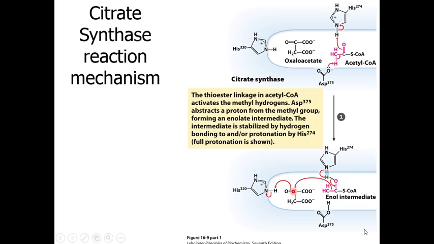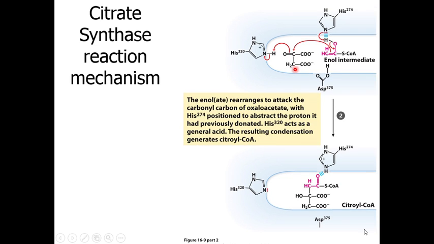Once this step happens, the oxaloacetate and the enol intermediate are converted to citryl coenzyme A. And as you can see, this carbonyl is still hydrogen bonded to histidine 274.